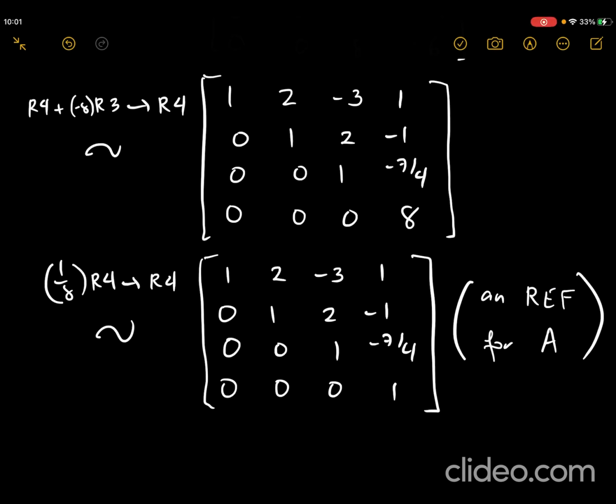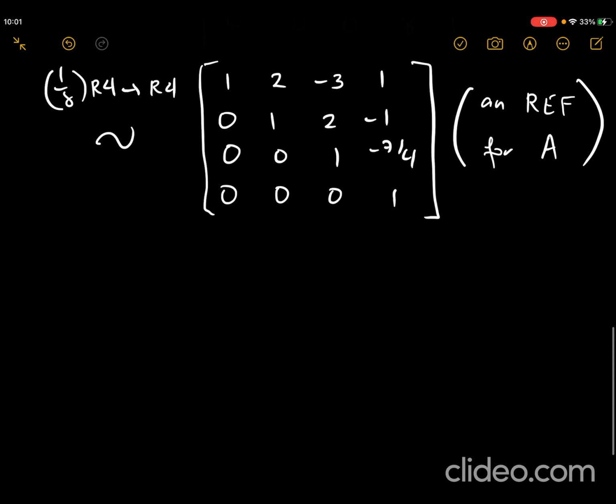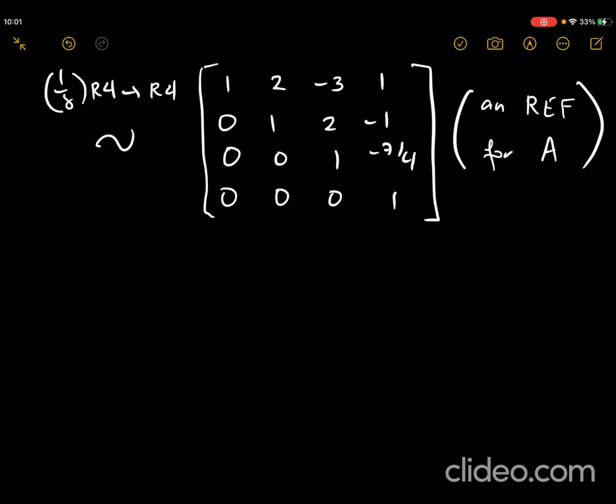Let us proceed further to obtain the reduced row echelon form of A. We just repeat the Gauss-Jordan elimination process, but this time, because we are computing the rref from the ref, we start at the bottom row and work our way up from right to left.